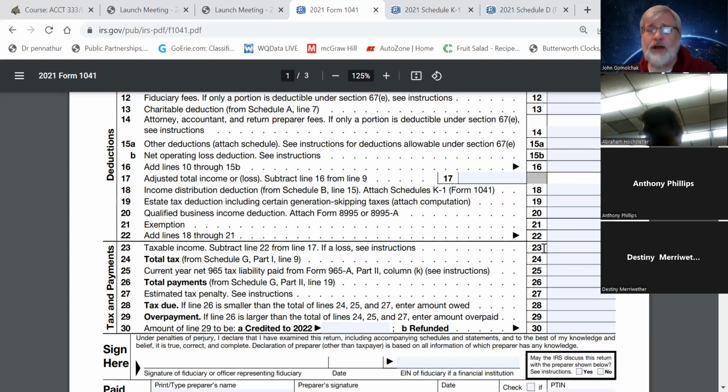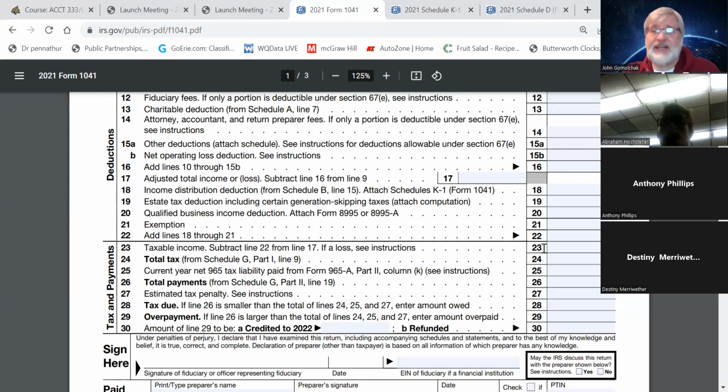If it's a simple trust, requires the distribution of all income, the taxable income on line 23 is going to be a negative $300. Why? Because no matter what our income is above, if we don't have a capital gain, it's all going to be distributed. We're going to get the deduction for all of the income.